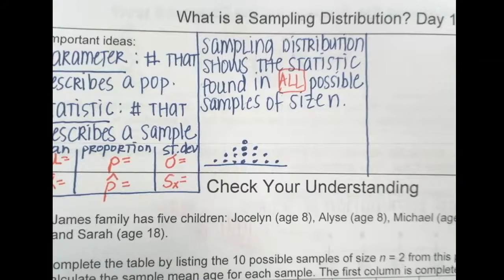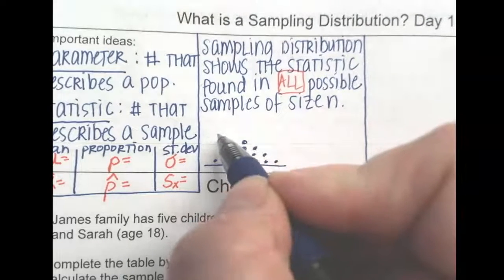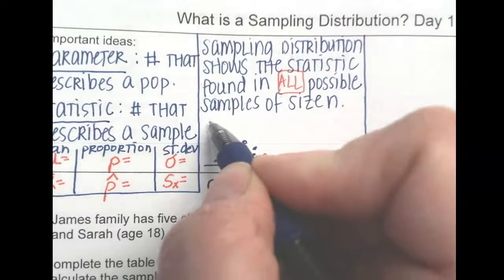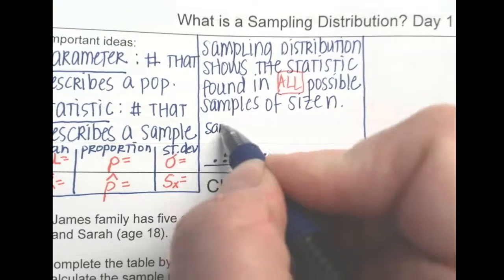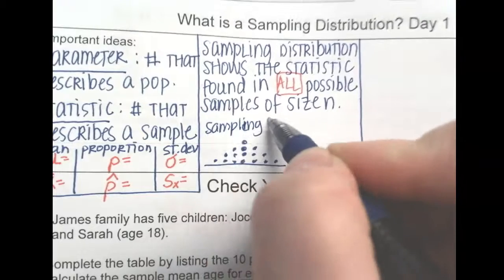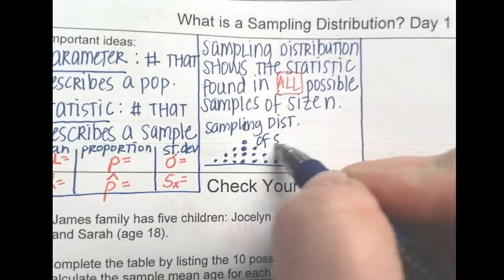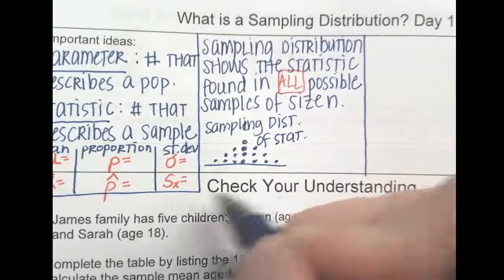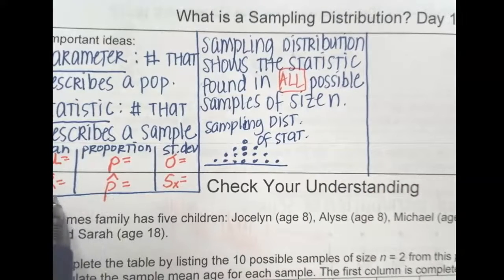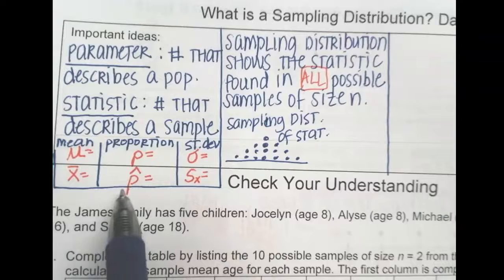We would title our distribution the sampling distribution of the statistic, whatever it is. And that statistic could either be x bar or p hat for our purposes in AP Stats.